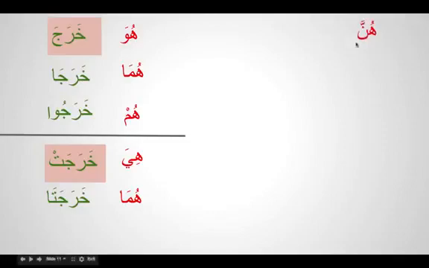For hunna and all the pronouns that come after it, there is a sound of noon sakin, as in hunna, anta, antuma. In the verb as well, it demands that the sukoon has to come. Where do we get the sukoon? Hunna will ask that the lam kalima, the last letter of the verb, has to have the sukoon, after the fa kalima and the ain kalima.